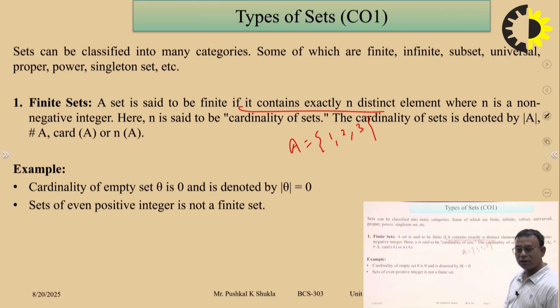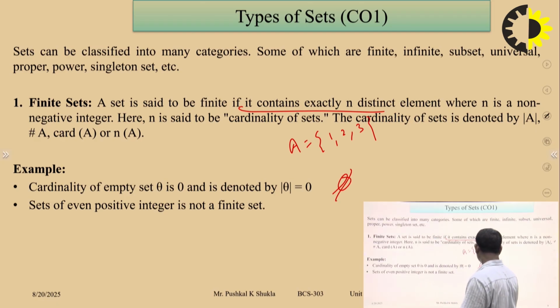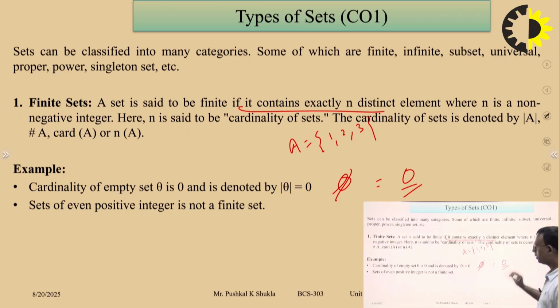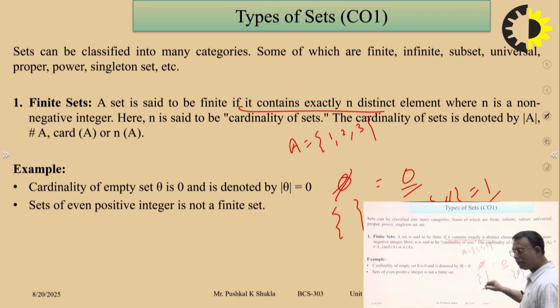Cardinality of the empty set, that is phi, equal to 0. And cardinality of this equal to 1. There is a difference actually. Phi is this, and the cardinality of this is 0 and the cardinality of this is 1.